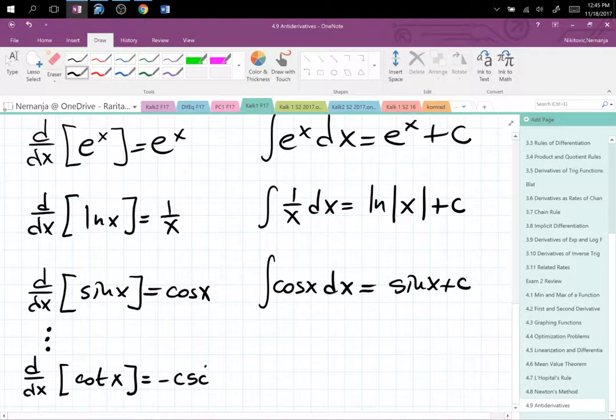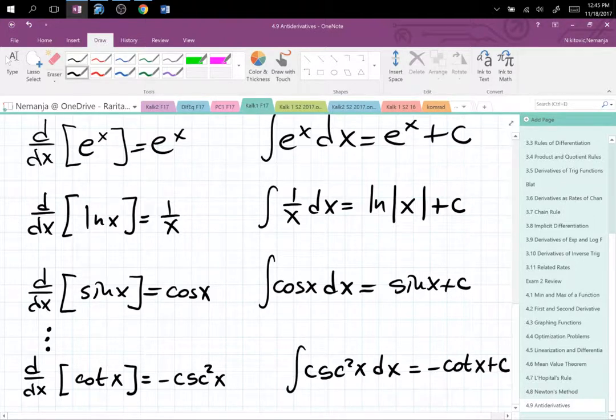Negative cosecant squared x. Very good. So what is the integral of cosecant squared x dx? Negative cotangent x plus c. Yeah. So that negative is either on the left or the right. You can move it as you need it. So there you go. All of these antiderivatives.